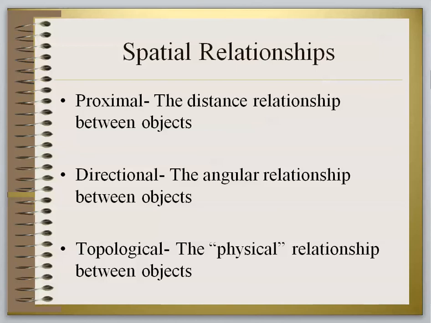Now, with spatial analysis, we're going to look into spatial relationships, and you're going to see that there are three primary spatial relationships that we're going to be looking at. The first one, a real workhorse of spatial analysis, is proximal, the distance relationship between objects.